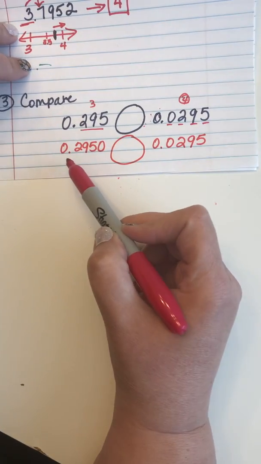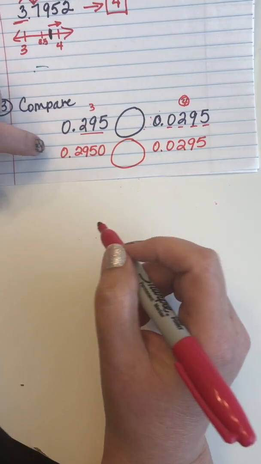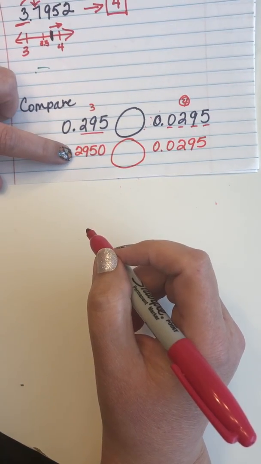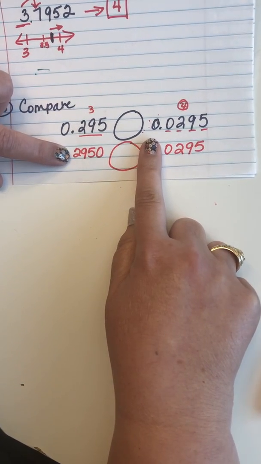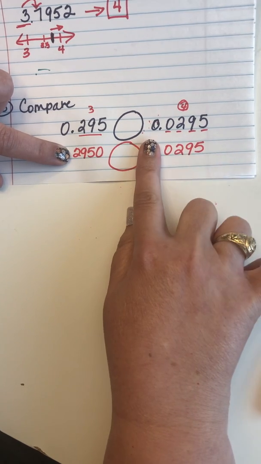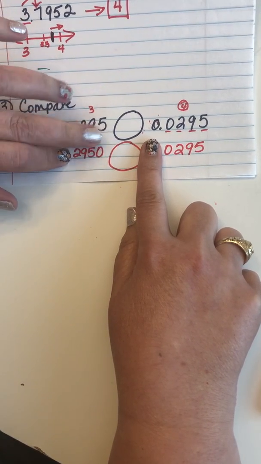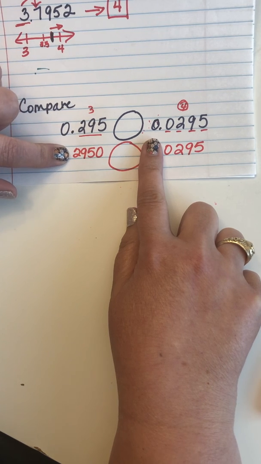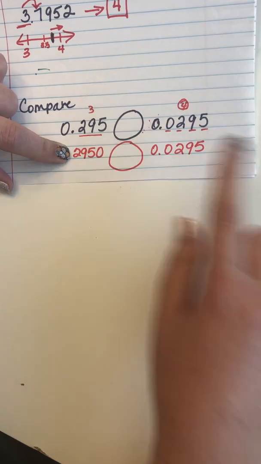So now I have these 2 decimals to deal with. So I'm going to cover up my 0 and my decimal on both of them, and I'm going to look at them and compare them. On my right side here, I have 295. On my left side here, I have 2,950, which is larger than 295.